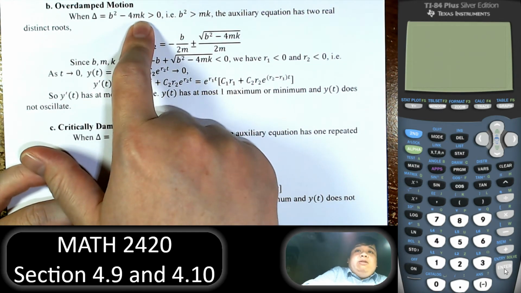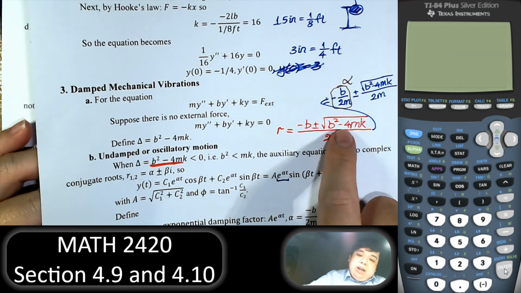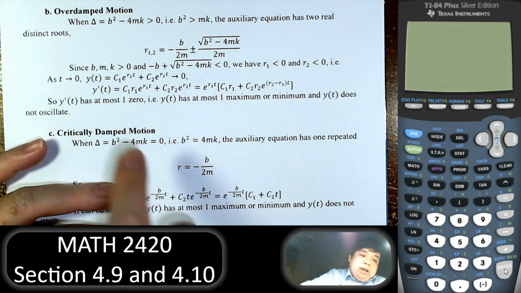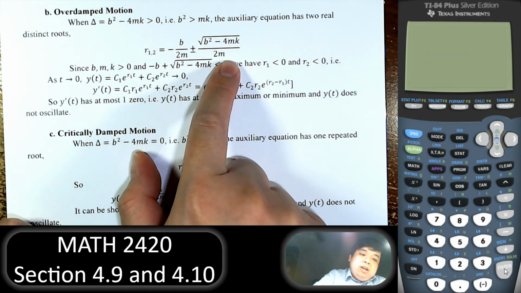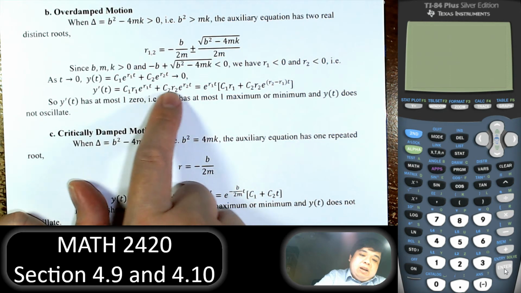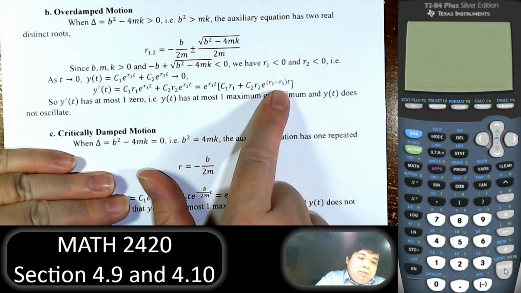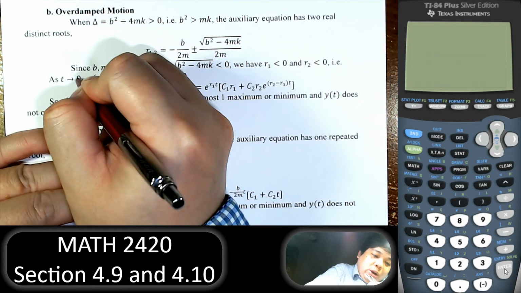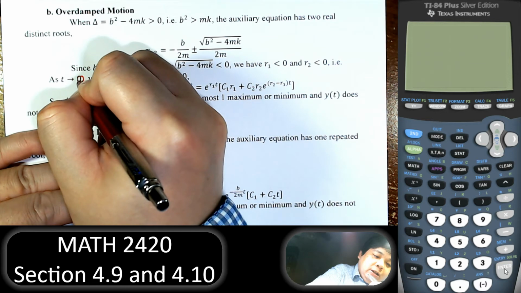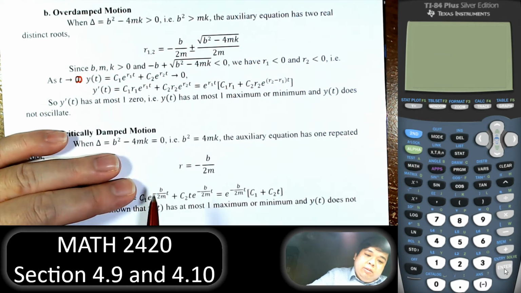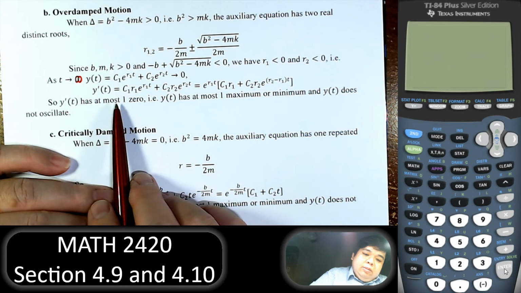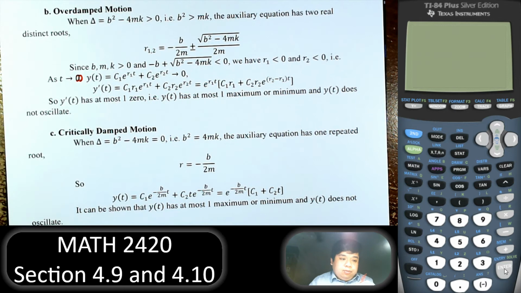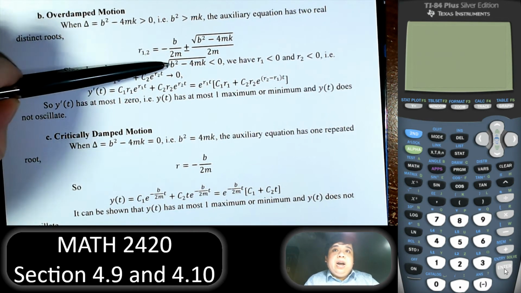Next, let's consider when it's positive. When b squared minus 4mk is positive, that means we have two solutions, two roots like this, and the equation is going to be in that form. Now, this one will go to 0 when t goes to infinity, because once again we have a negative solution.